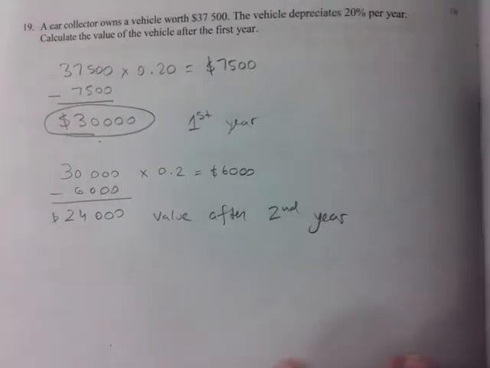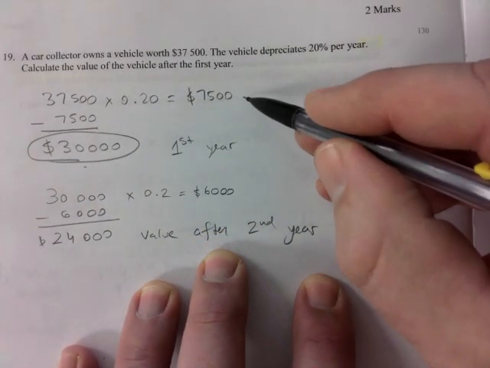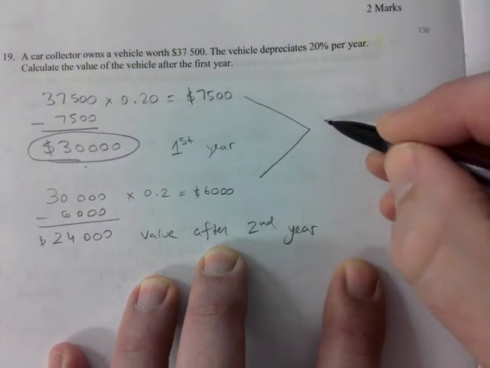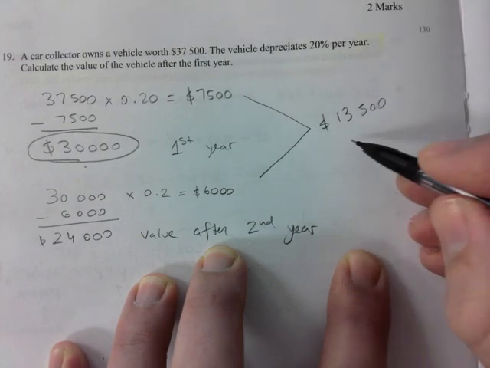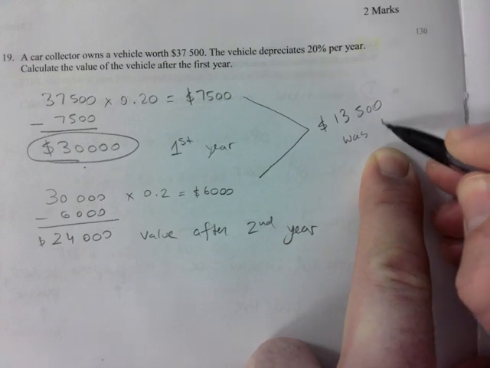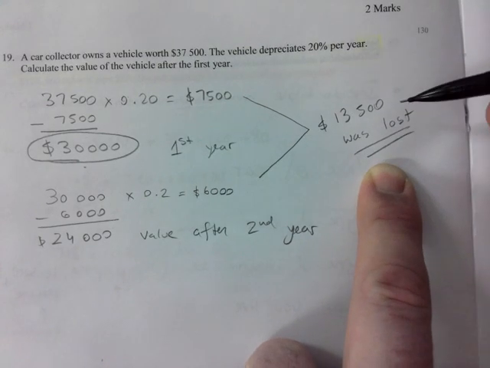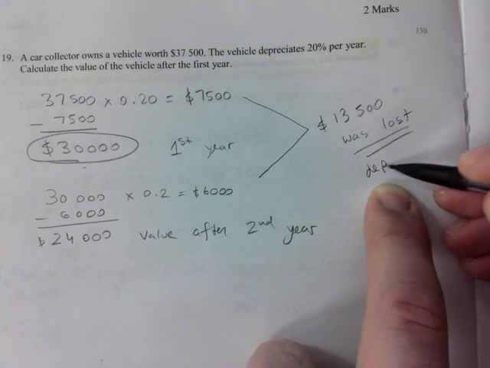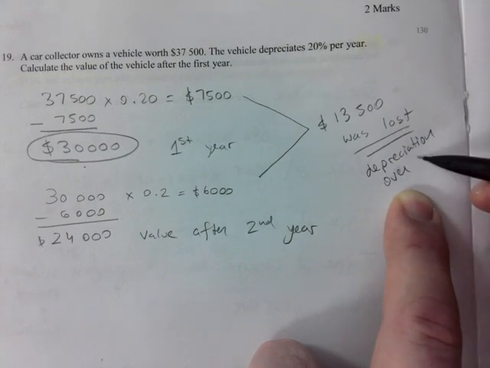And you'll get it. So if they asked you how much was lost, right? These two numbers, if you were to add that up, 13,500 was lost, or you can say the depreciation over 2 years.